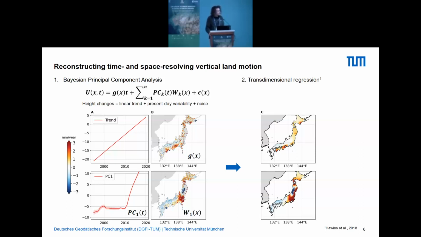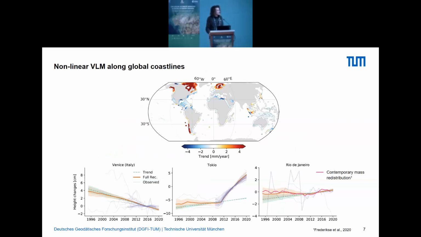Now, the resulting linear trends on a global map are shown here and show well-known features which have been studied before, like large-scale GIA response or subsidence in the Gulf of Mexico. But I think what's more interesting is how we can resolve these nonlinear variations, and that's shown here in these different time series, where I show the reconstruction in red with the uncertainties.